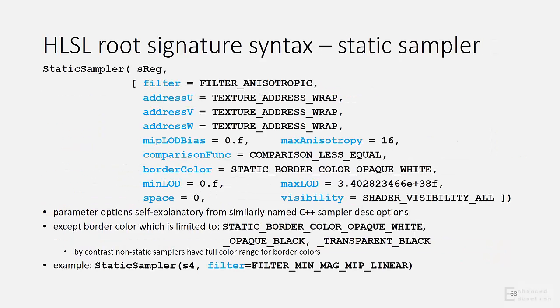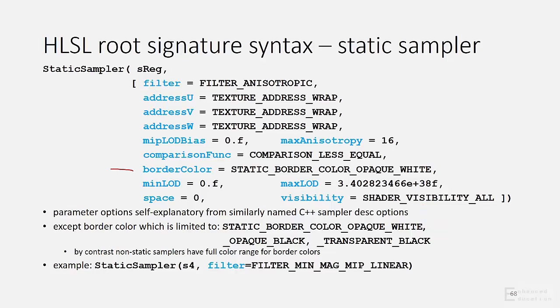A sampler declaration starts with the HLSL register bind slot and then is followed by the sampler state definition. The available options and the values that can be set are self-explanatory if you look at the corresponding C++ version of a sampler description. They're functionally equivalent, with one exception, and that is border color.